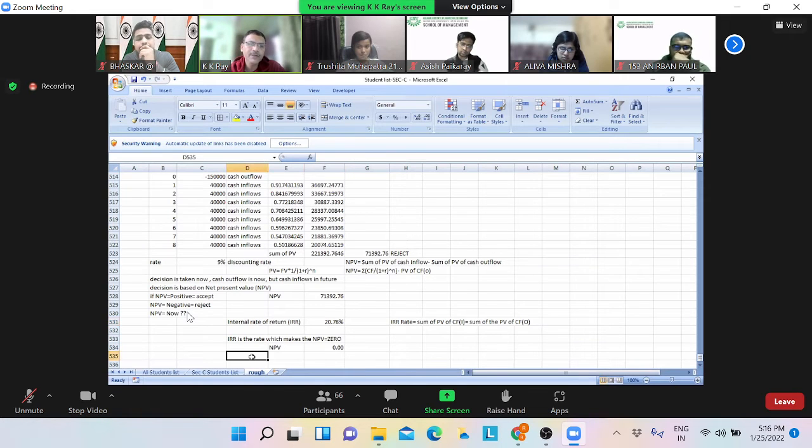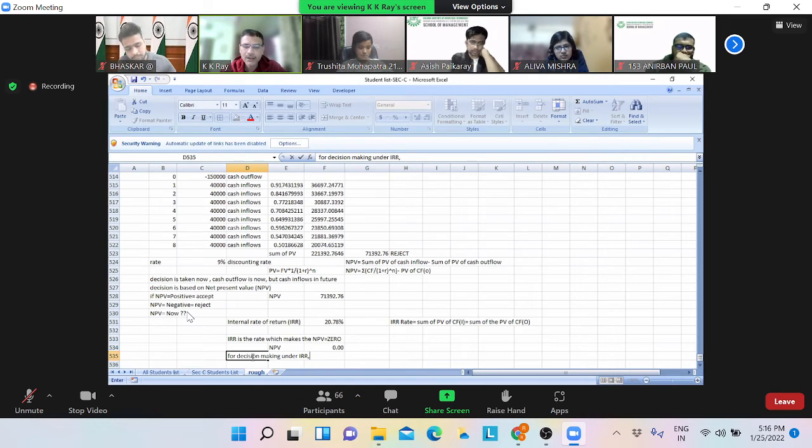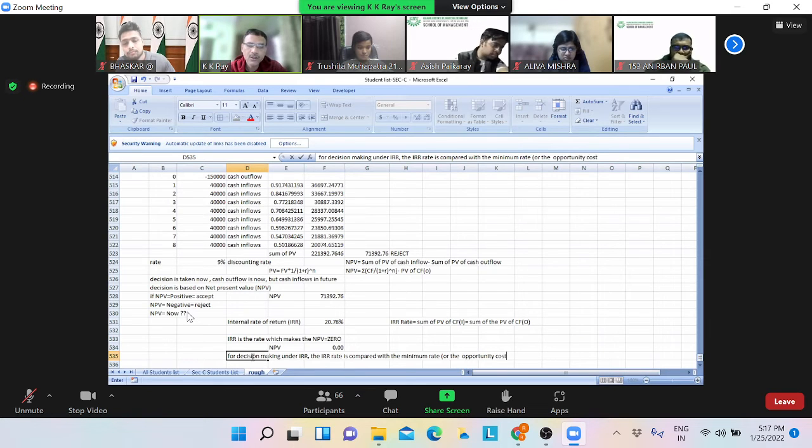Always please remember, for decision making under IRR, the IRR rate is compared with the minimum rate, or the opportunity cost of the firm.